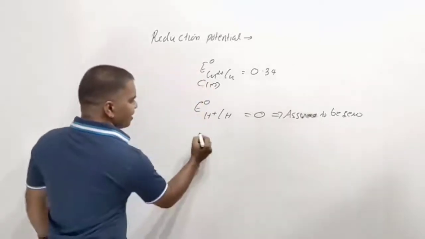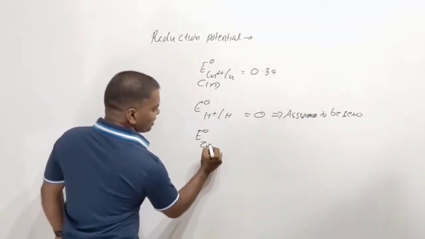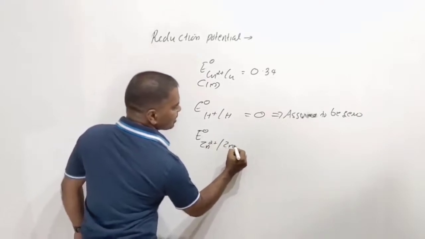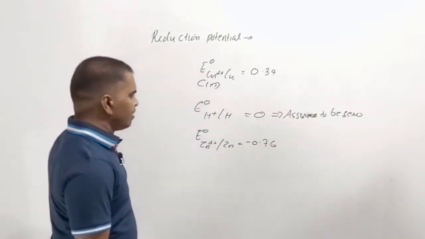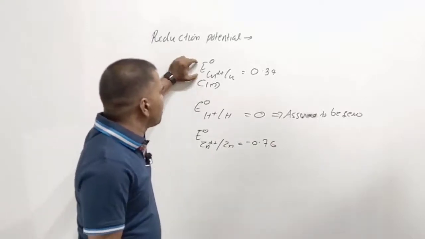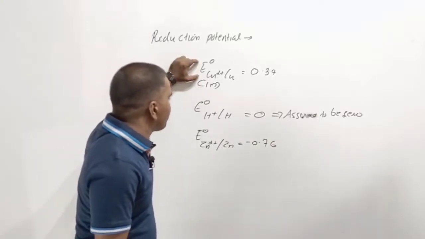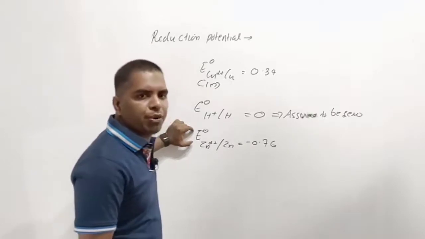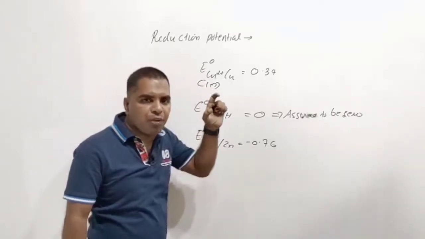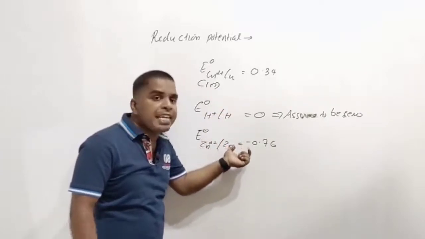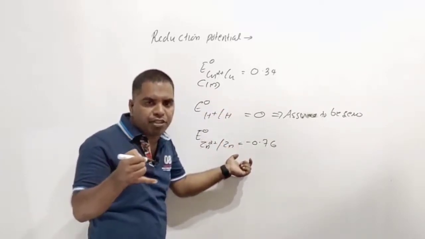It is termed as standard reduction potential. Listen, the standard reduction potential of the zinc electrode is minus 0.76. Copper has a positive standard reduction potential value and zinc has a negative standard reduction potential value.